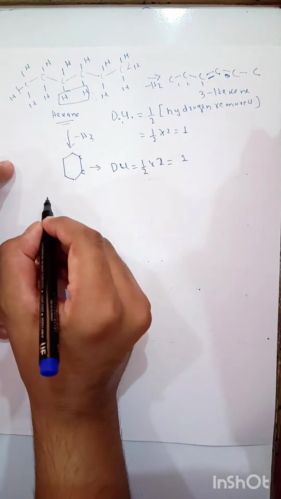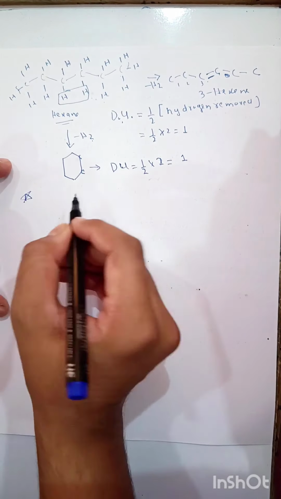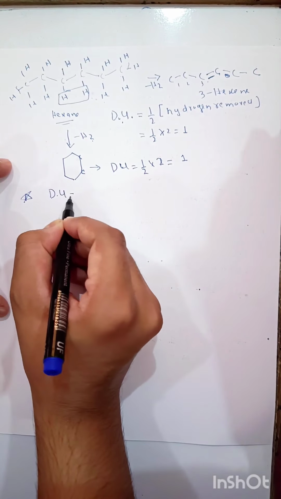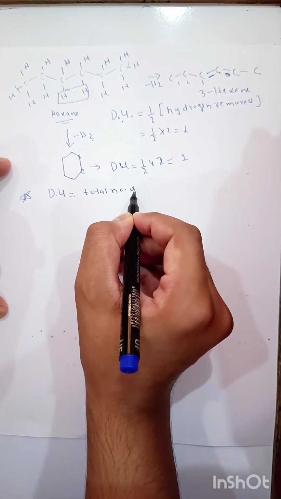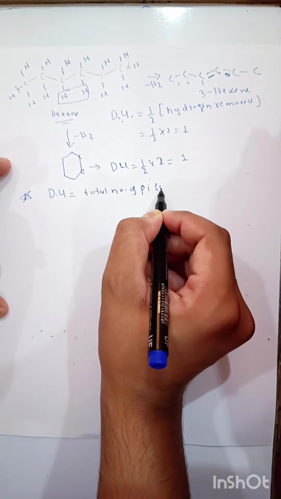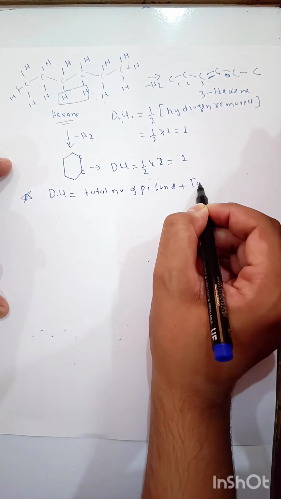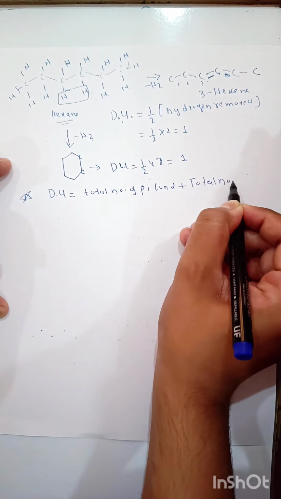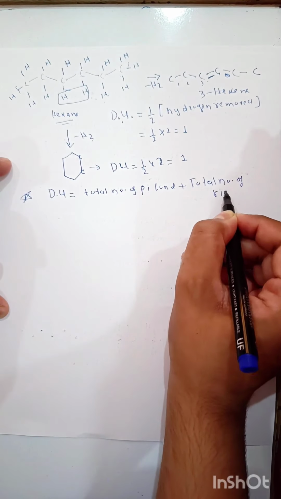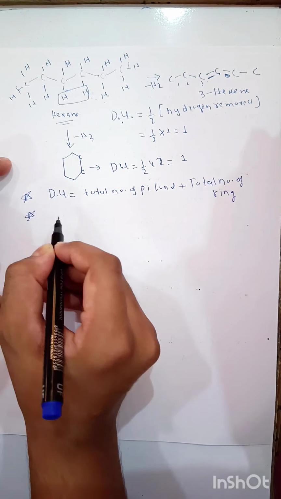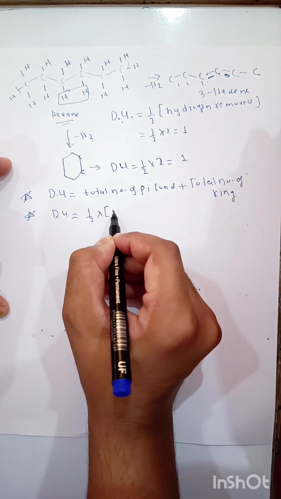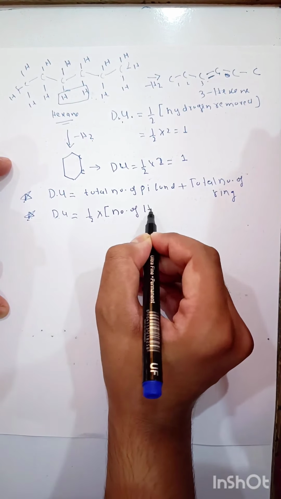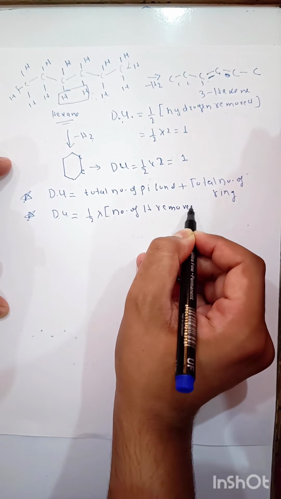So the very basic things that you should remember: first of all, the definition of DU, it's the total number of pi bonds plus the total number of rings. Second, DU is equal to half into the number of H removed to reach that compound.